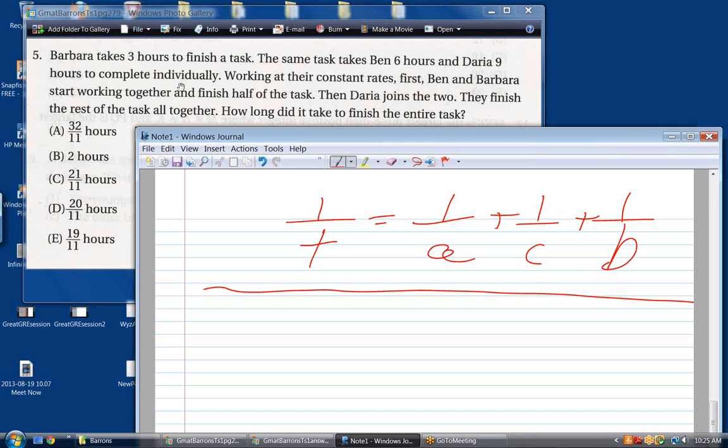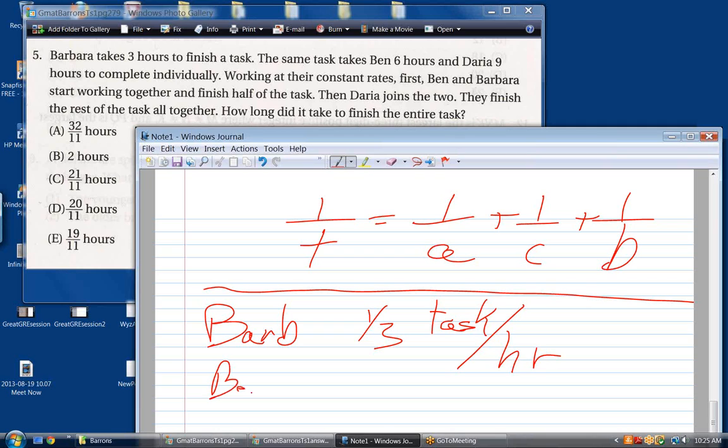If it takes her 3 hours to finish the task, then Barbara does 1/3 of the task per hour. How about Ben? Takes the same task, 6 hours, so Ben does 1/6, and Daria does 1/9.